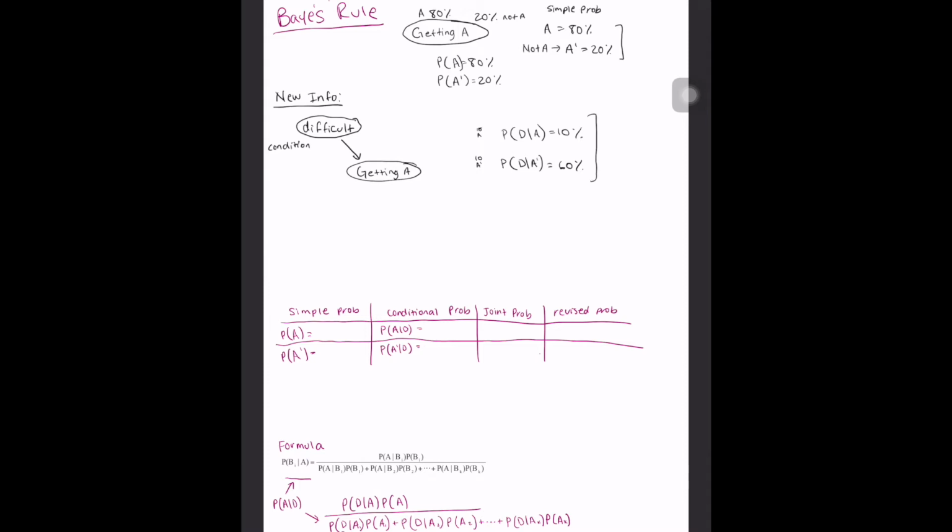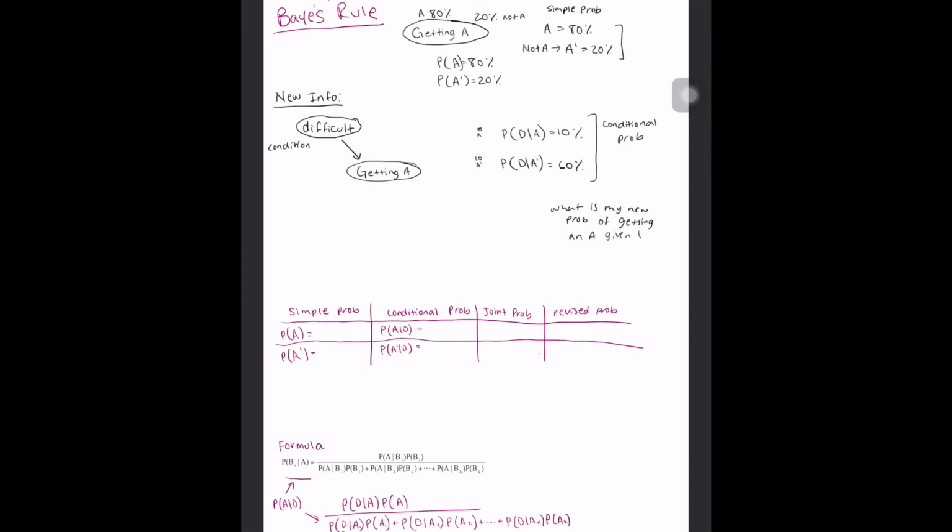You've got a sample, you collected it, and this is your condition. Conditional probability.